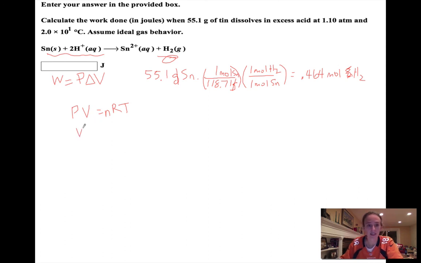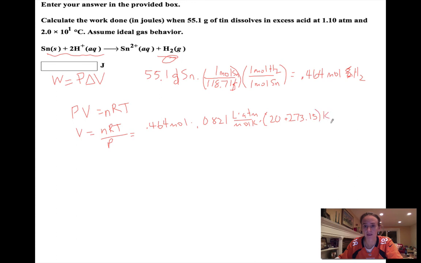So rearranging this here, volume equals nRT divided by pressure, and that's going to equal my 0.464 mole that was just created times the ideal gas constant, 0.0821 liters atmospheres per mole Kelvin, times the temperature that was given, which is the 20 degrees Celsius in this case, and it'll need to be converted to Kelvin by adding 273.15.